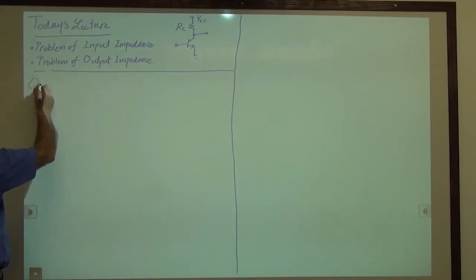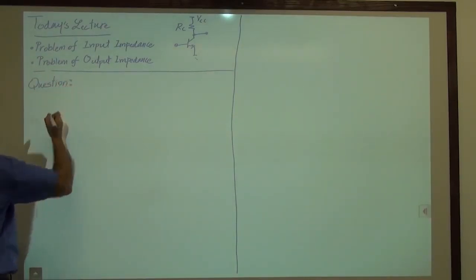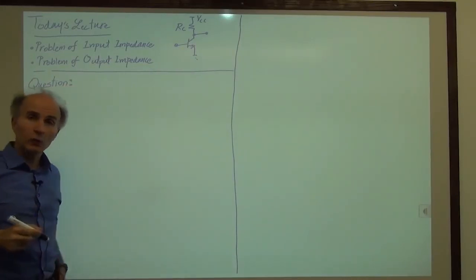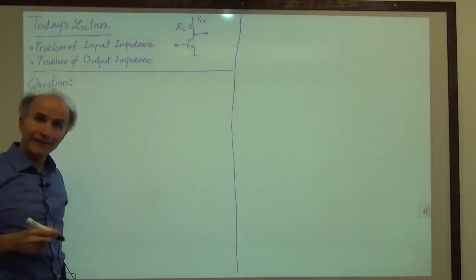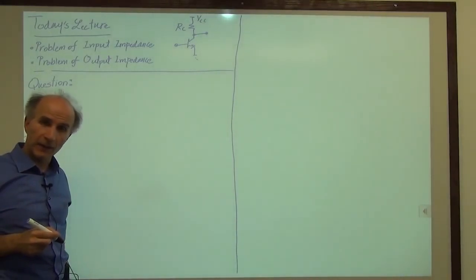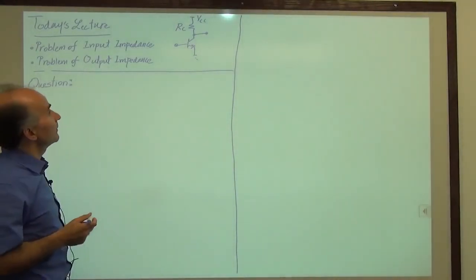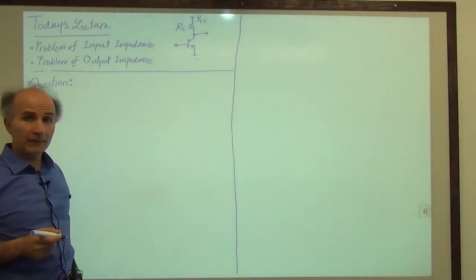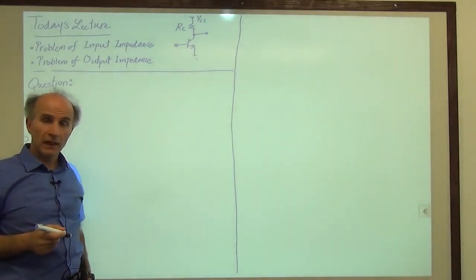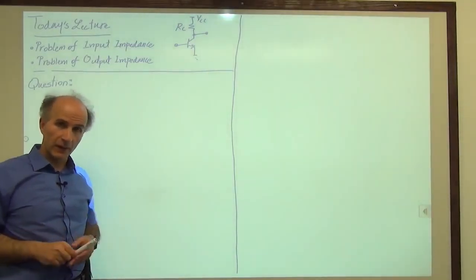All right, so question. How do we recognize, how do we identify a common emitter stage? Right now it looks very simple, but if we have some very complex circuit, how do we know which one is a common emitter stage?